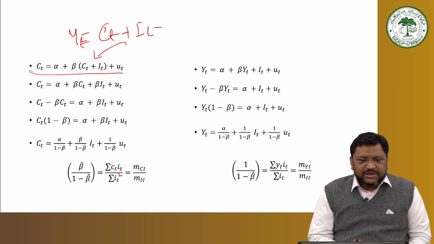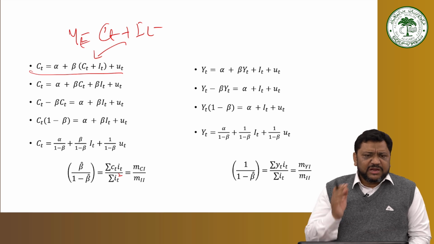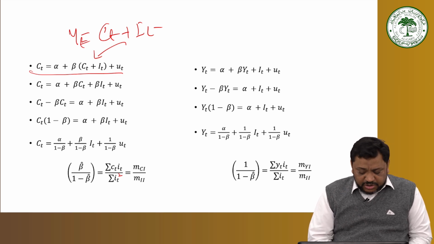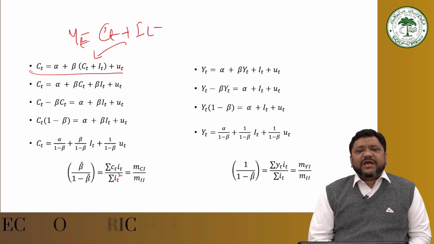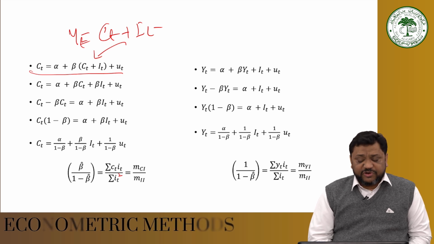So the denominator should be present in the square. In the form of moments we can write it as, we have seen this process of moments when we were discussing in our initial lectures of the structural simultaneous equation model, so we have seen that Mci, the moment ci, divided by moment ii. So we have found this reduced form for the Ct.